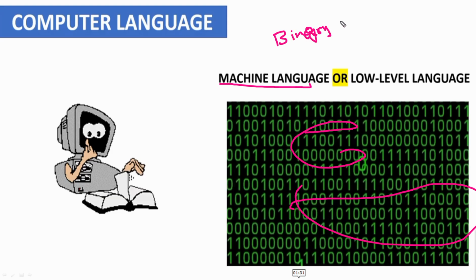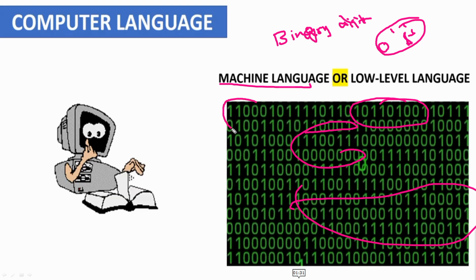Binary stands for two digits, that is zeros and ones. By using binary numbers, zeros and ones, they give the instructions to the computers in machine language.